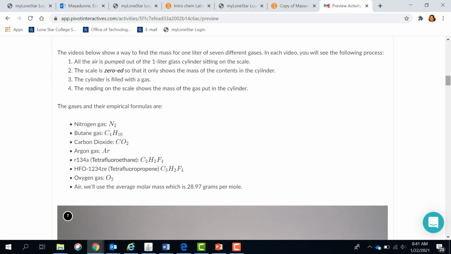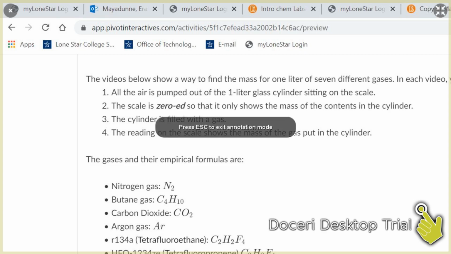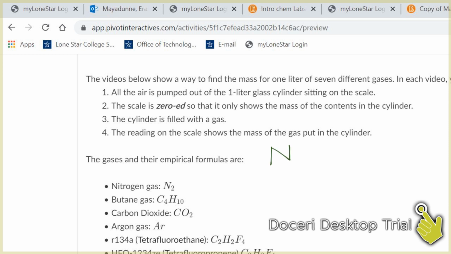Let me show you an example first of how to find the molar mass of a gas. Here you have nitrogen, N2. How do you find the molar mass?